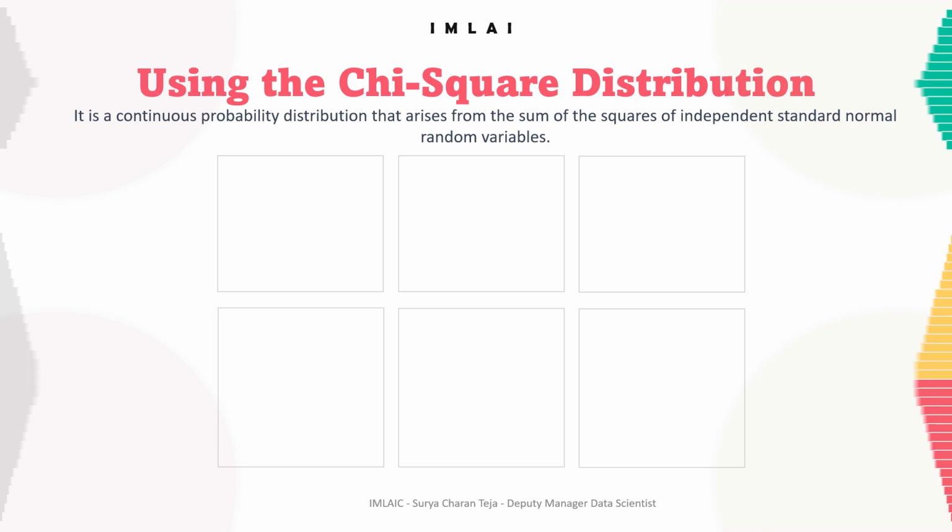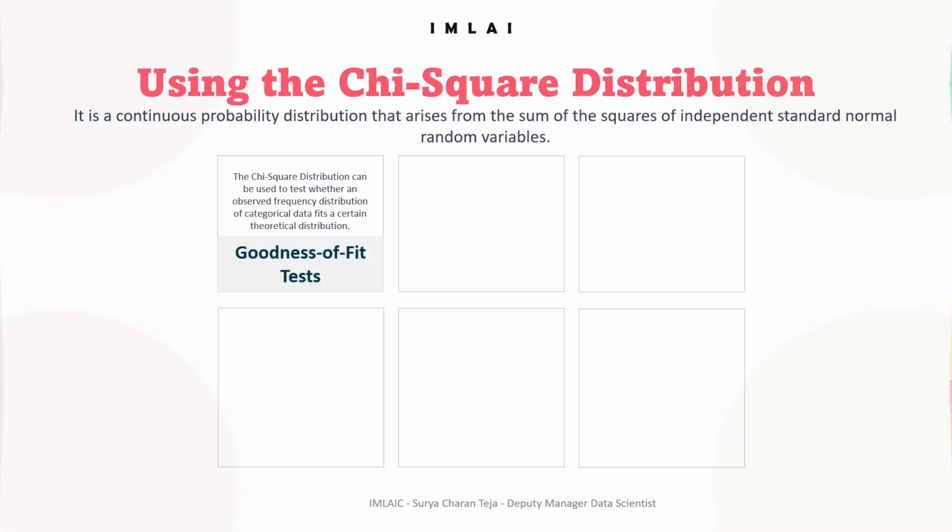Okay, now let's see. The chi-square distribution is often used in many ways in data science. One of the most widely used is goodness of fit. The chi-square distribution can be used to test whether an observed frequency distribution of categorical data fits a certain theoretical distribution. This is known as a goodness of fit test.